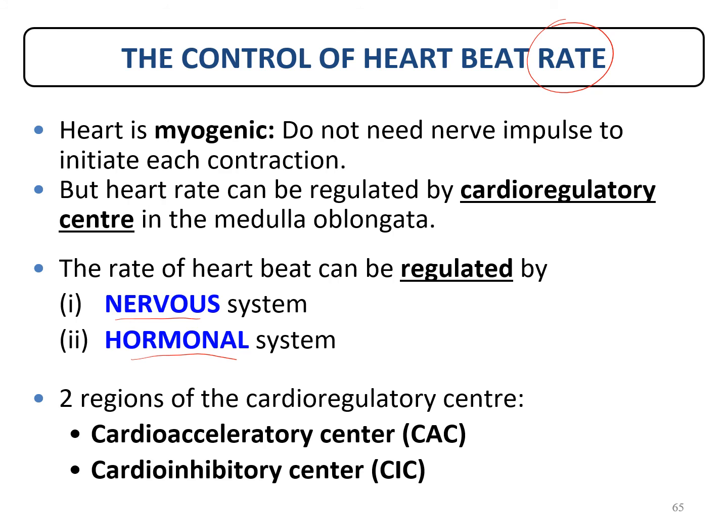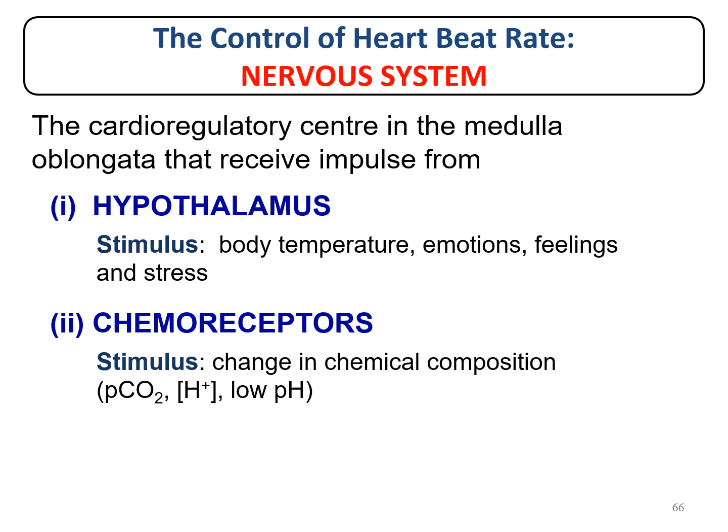There are two regions of the cardio-regulatory center. The cardio-acceleratory center; accelerate means to quicken the heartbeat, while the cardio-inhibitory center is to inhibit the quickened pace. The nervous system includes the hypothalamus in the brain.